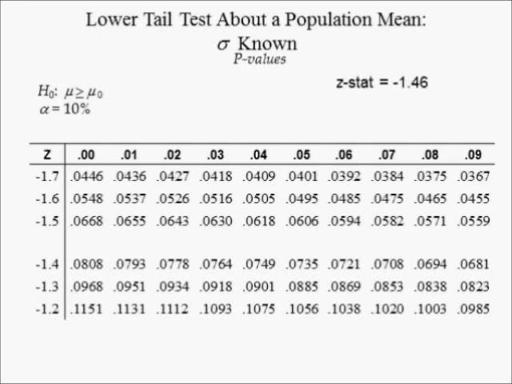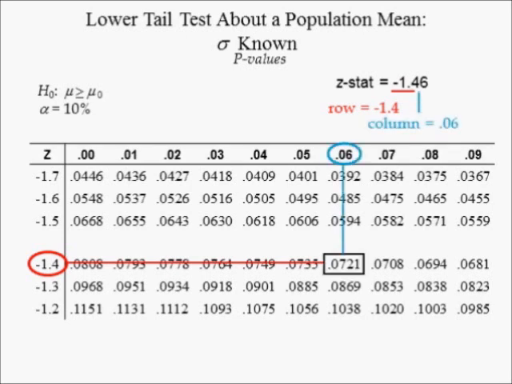Suppose a sample of data generates z-stat equal to negative 1.46. The value in row 1.4 and column 0.06 is 0.0721.